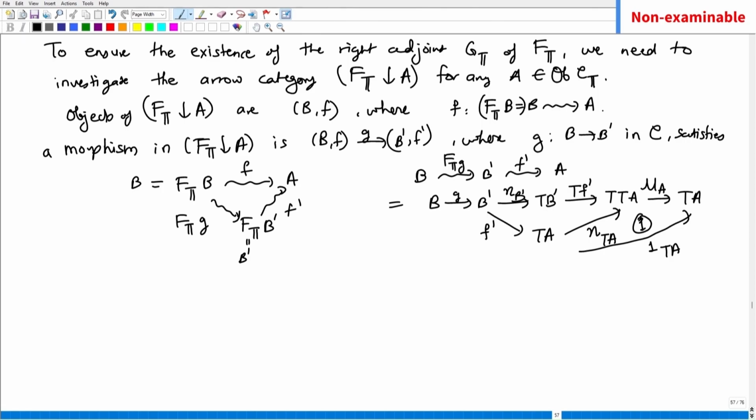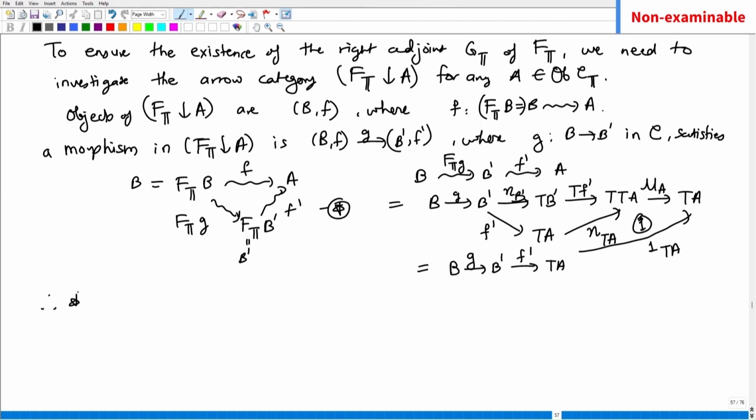So the diagram makes sure that whatever we have is just F prime composed with G. So this is B to B prime to TA. Let me call this particular diagram star.